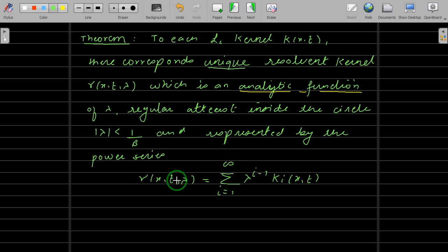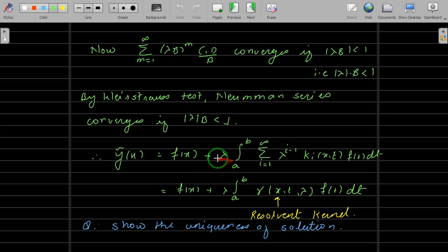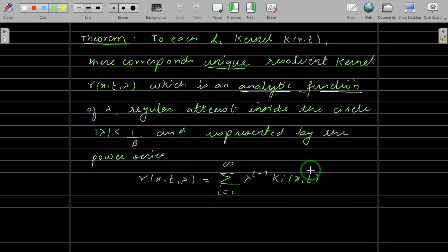Be careful, we have taken one lambda outside. When you solve the integral, we have taken one lambda outside, and then in the summation it is lambda raised to i minus 1. So it will be first k1, then lambda k2, lambda square k3, and so on. So be careful there. So gamma(x, t, lambda) is the summation of lambda raised to i minus 1 k_i(x, t). Furthermore, we complete here itself.